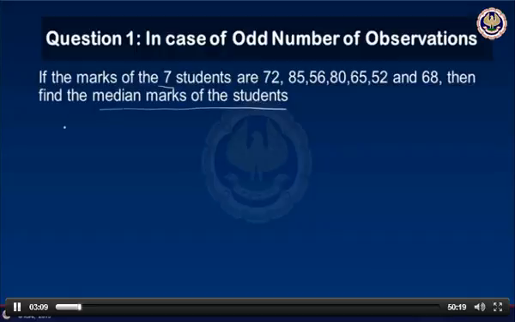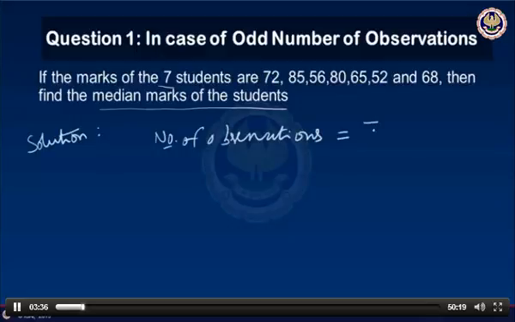Now we have to find the solution for this, that is the median. As we have already discussed, the median refers to the middle number of observations. First, here the number of observations is 7, which is odd.